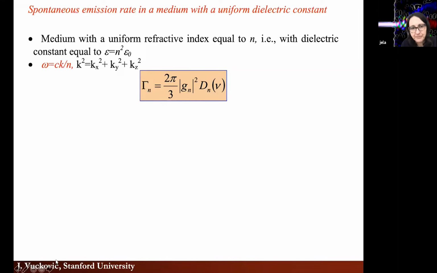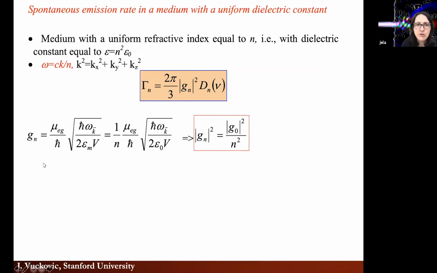What about G? Well, G, if you go back to the expression that we derived, is actually given here. And you can see that G depends on 1 over square root of epsilon, right? And that's epsilon of the material where your atom is embedded.